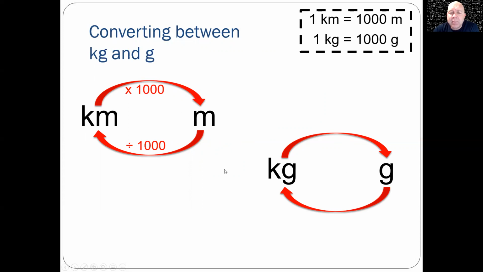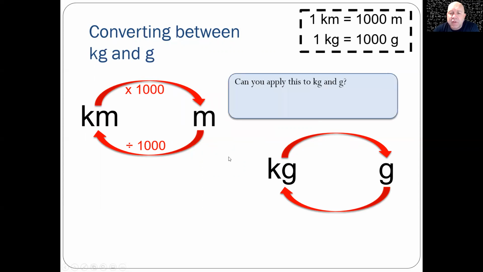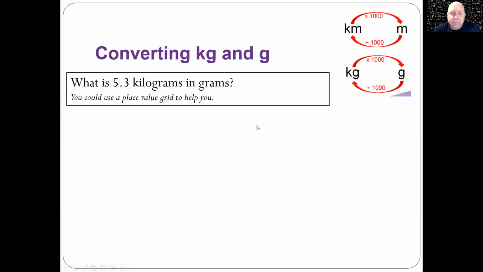So we can use exactly the same maths to convert between the two. Can we apply it to kilograms and grams? Yes, we can, in just the same way as between kilometers and meters. Kilograms to grams, multiply the number by 1,000. Grams to kilograms, divide by 1,000.